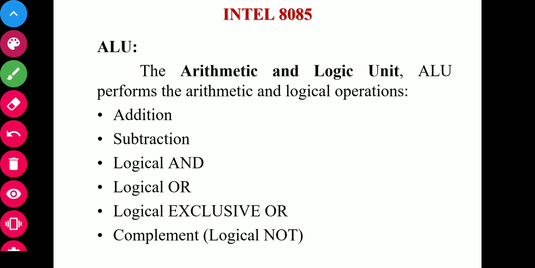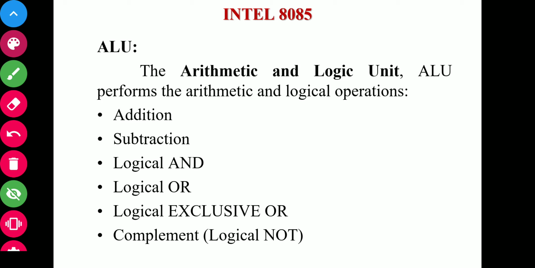Let us discuss each and every block in the 8085 microprocessor which was shown in the previous slides. The first very important block is the ALU, the arithmetic and logic unit.